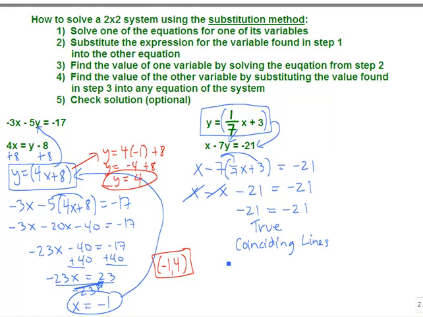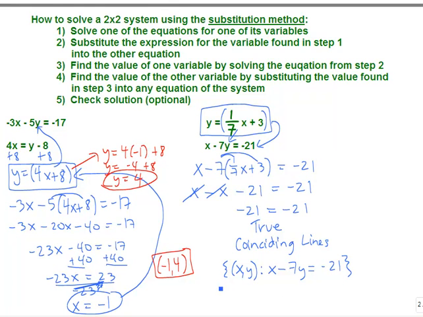We use this kind of fancy notation, a curly brace, parentheses x comma y, colon, and then after that colon, pick either equation of your line to write down. It doesn't matter which one because they're the same. So I'm going to use the second one here. x minus 7y equals negative 21. And then you just close this off with that curly brace.